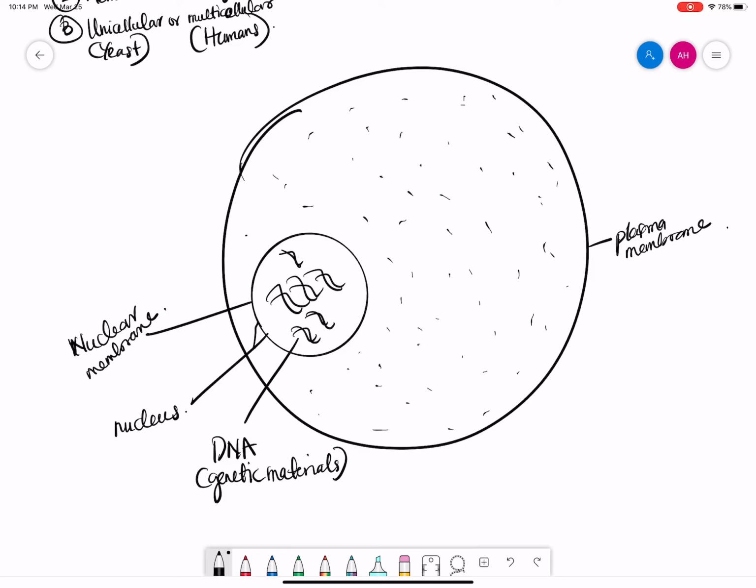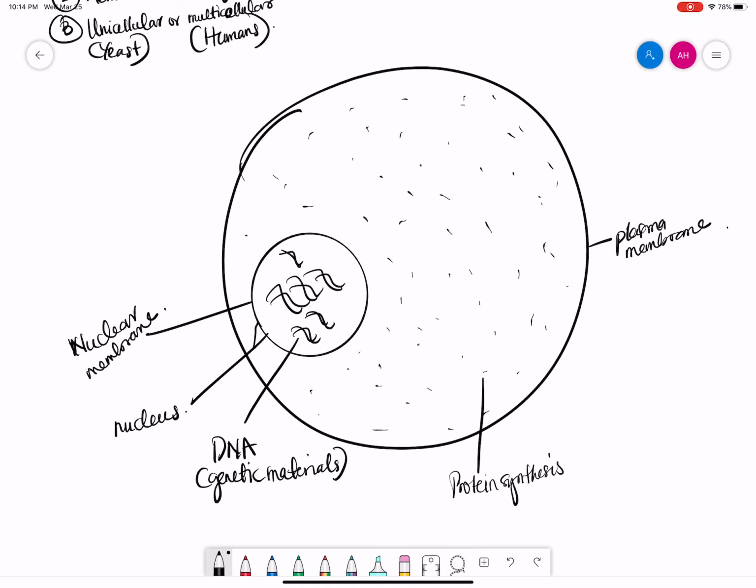Yes, protein synthesis. So if you need to make a protein, these ribosomes are responsible for making proteins. So these are the typical structures found in both eukaryotic cells and prokaryotic cells, except for the nucleus, of course.